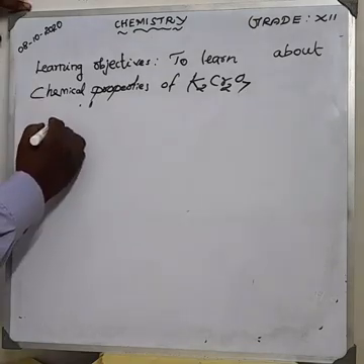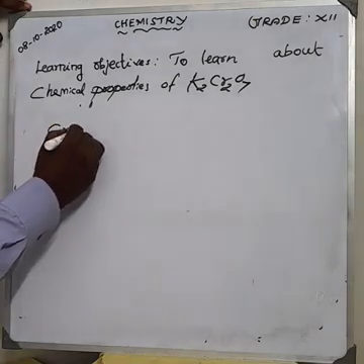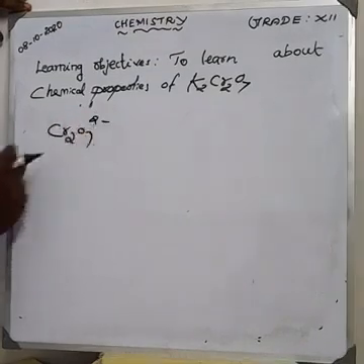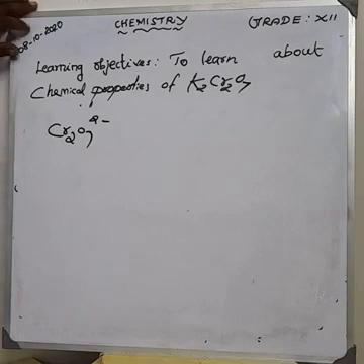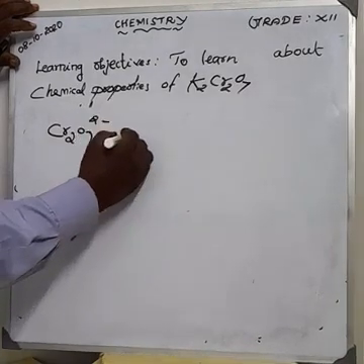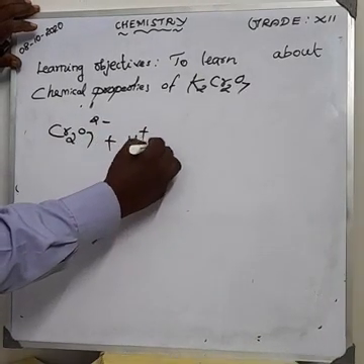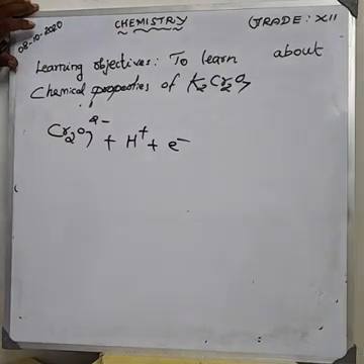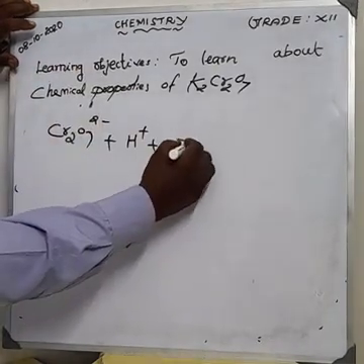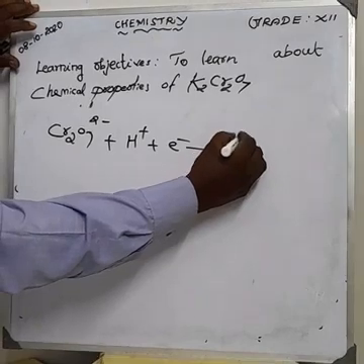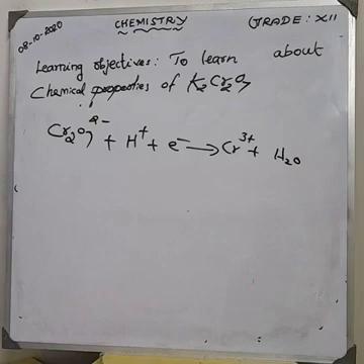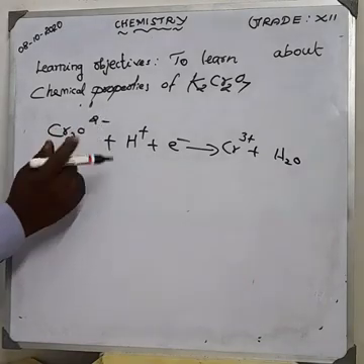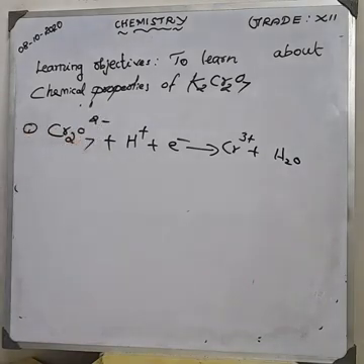We are taking Cr2O7 2 minus. On reduction, with H plus ions and also adding electrons, we get Cr3 plus, and also we get water. This is the first reaction.